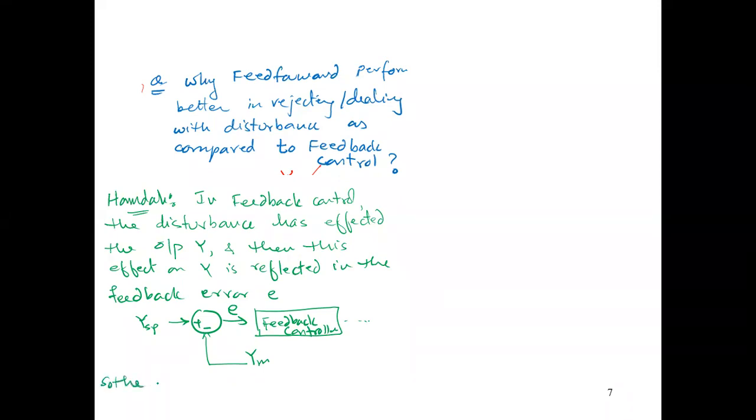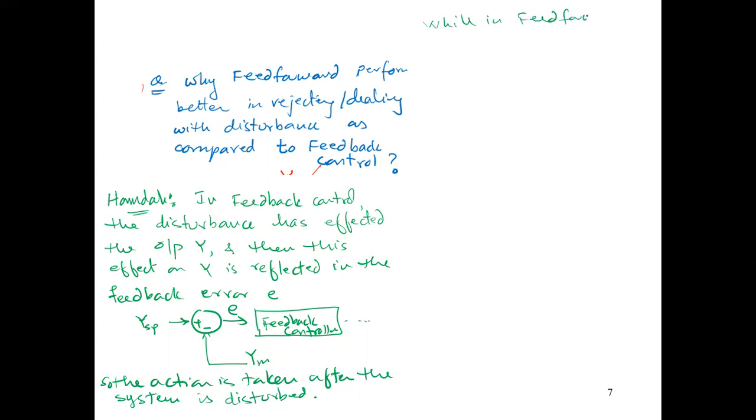after the system is disturbed, while in feed forward the action is taken as soon as the disturbance changes, as soon as the disturbance occurs.